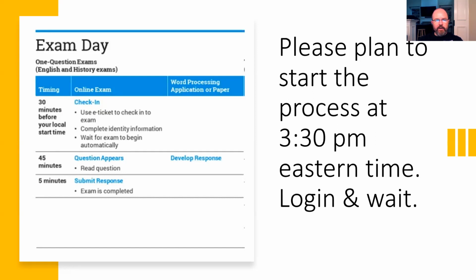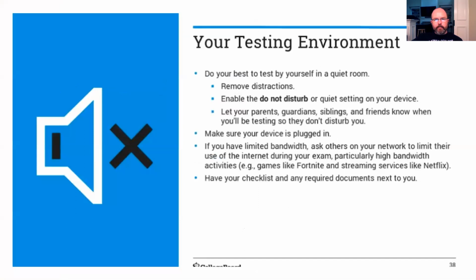You can read the question, develop your response, and then the last 5 minutes for each test question. This is for English and history exams. I got the wrong thing on here. You've got 2 questions, so you have 2 time sessions. The last 5 minutes, your exam should be done and you should be submitting your response.